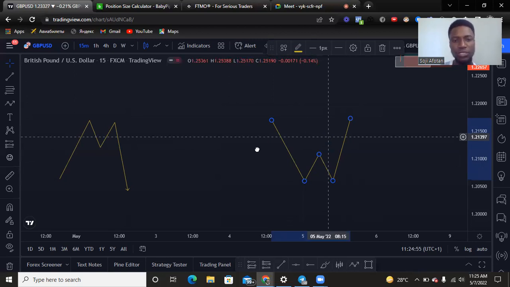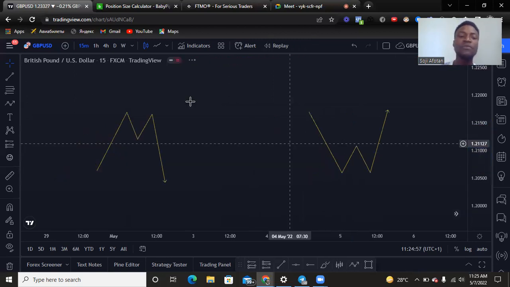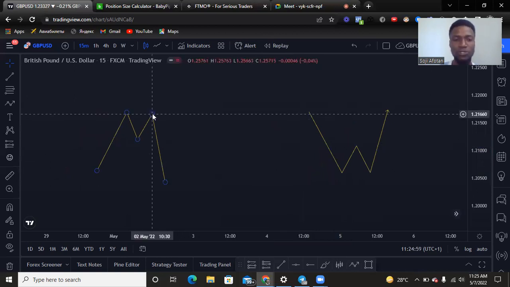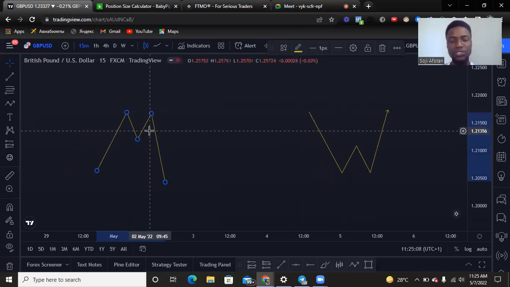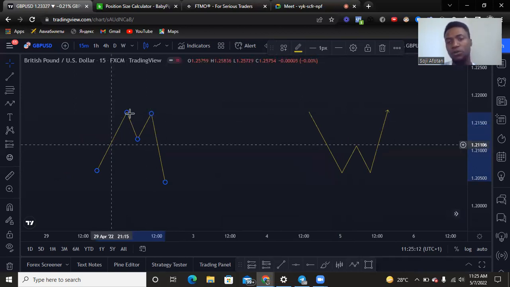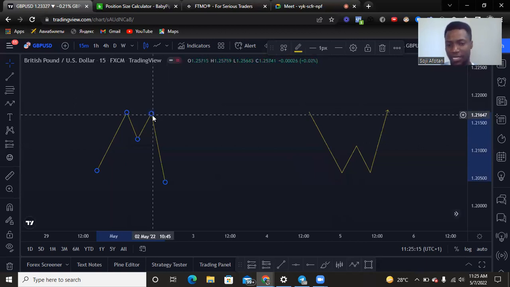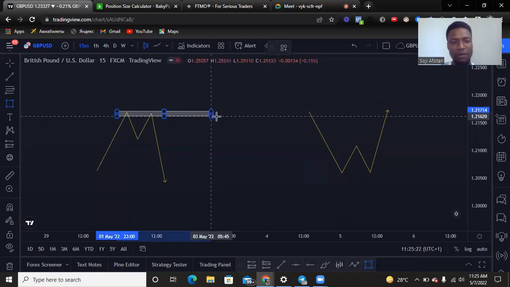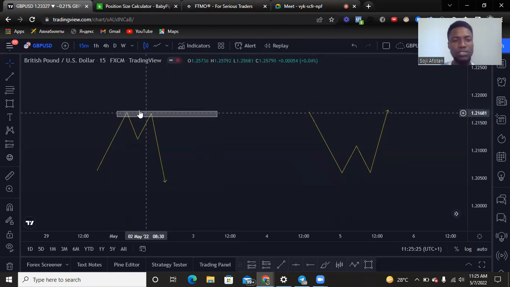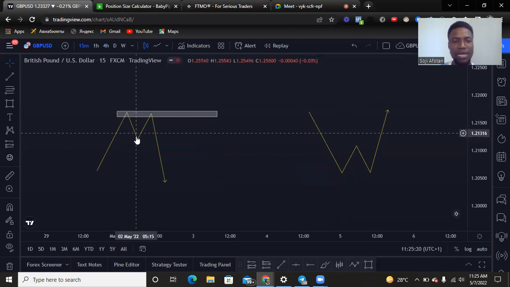So how do you trade these chart patterns? The best way to trade them is to always wait for the completion of this second leg. Whenever you see a move like this around a key level on your chart, this is a double top. Let's say for example we have a key level around this area, price has been rejecting around this area, and you notice price pushed up to this point, got rejected, pushed down, and it's coming back again.